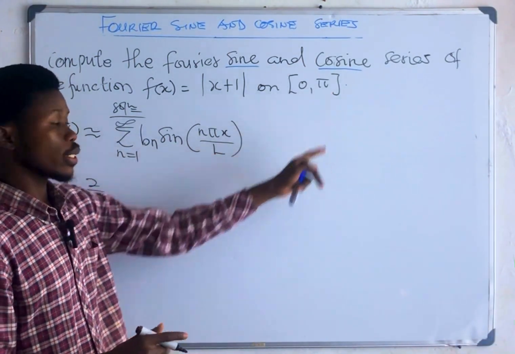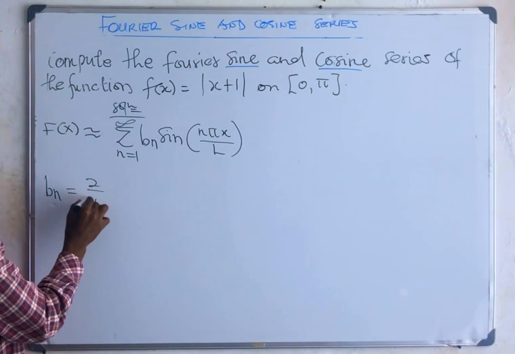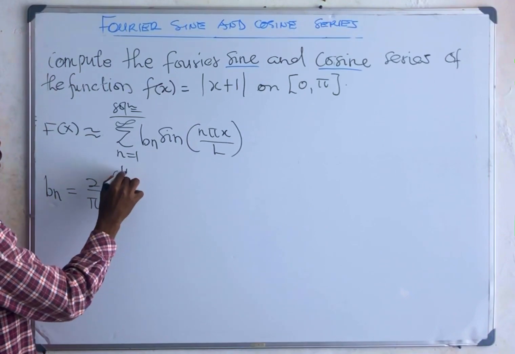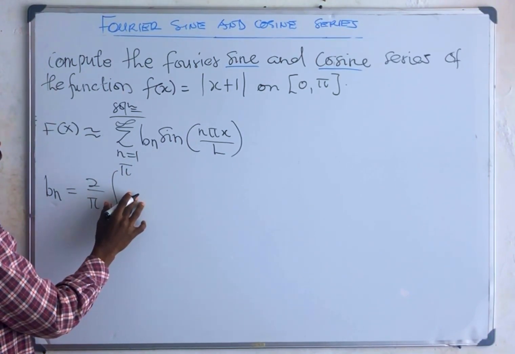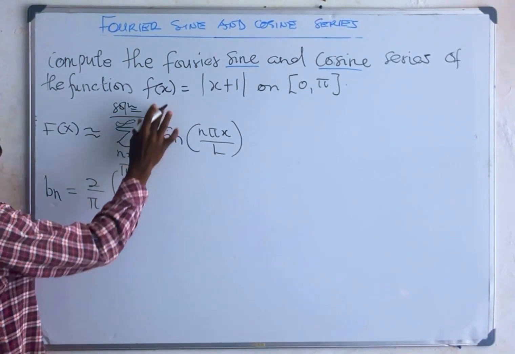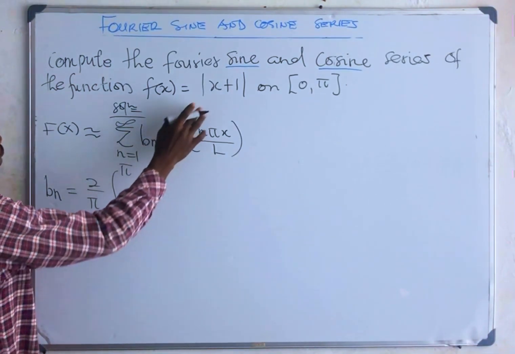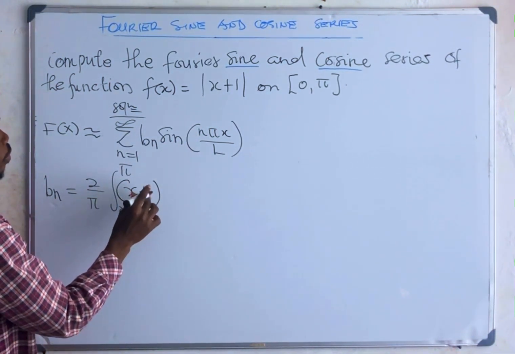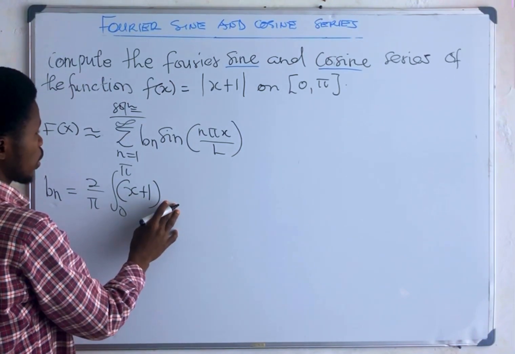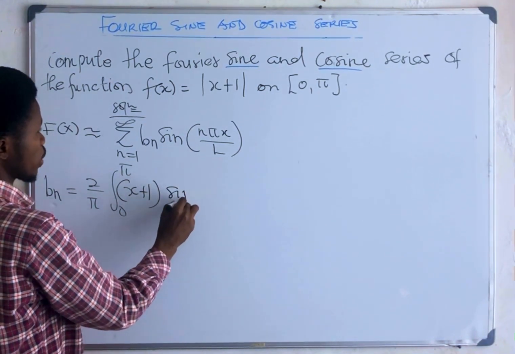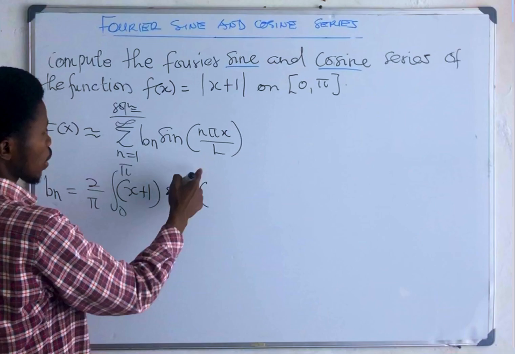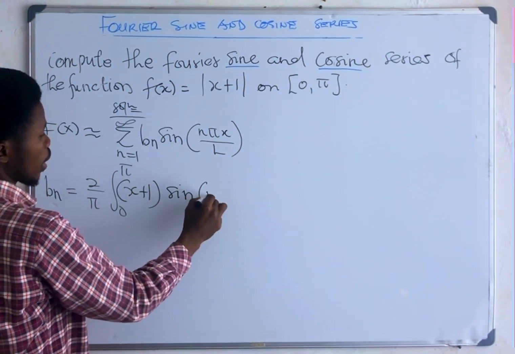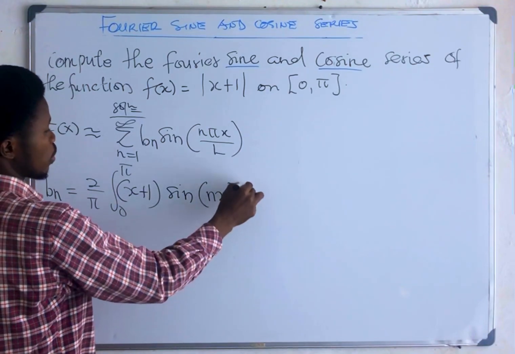So it is 2 over pi, integral from 0 to pi, of f of x, where our f of x is the absolute value of x plus 1, multiplied by sine n pi x over pi. You see, the pi's cancel out, leaving sine nx dx.